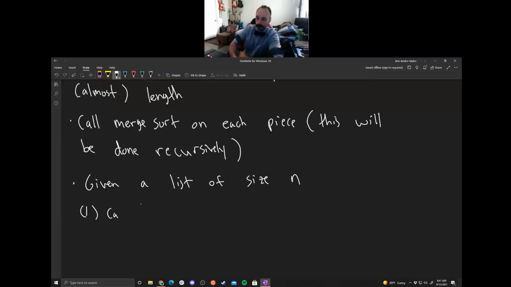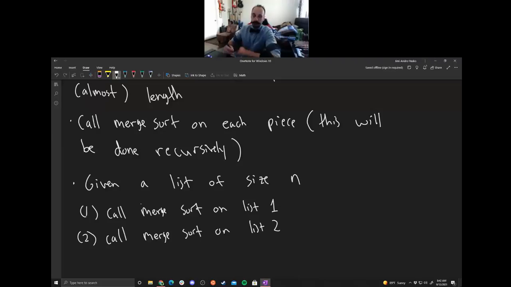So call merge sort on list one, and then call merge sort on list two. List one will be that first half of that list. List two will be that second half.